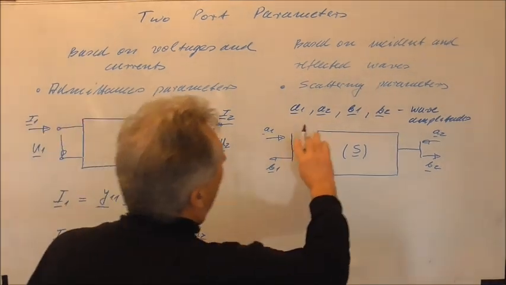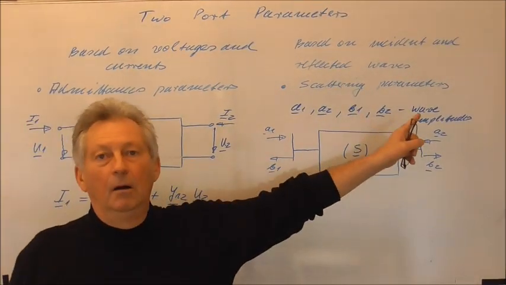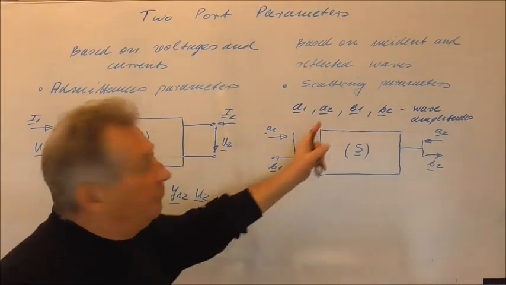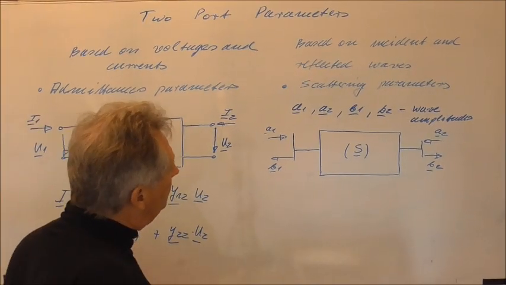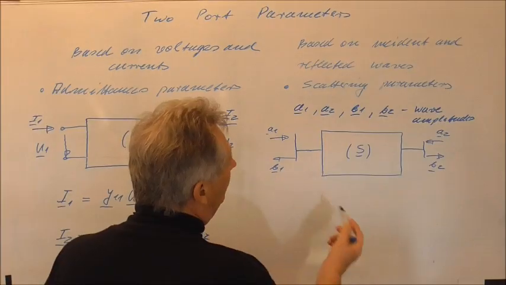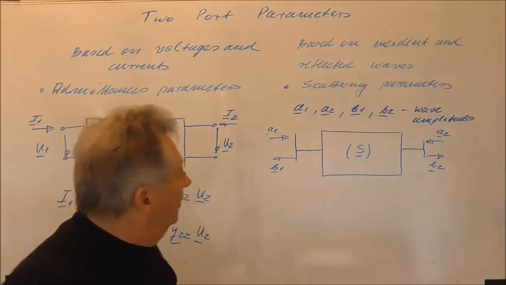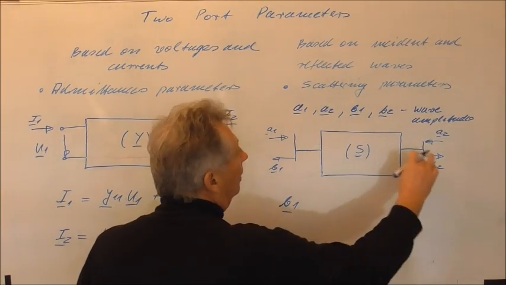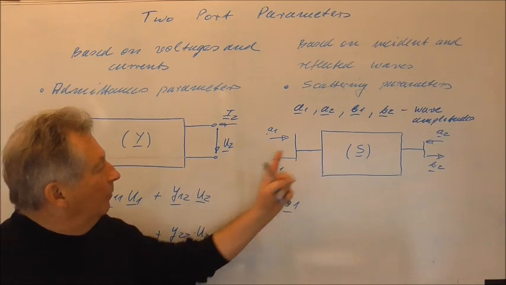So in the case of the scattering parameters, we first must in principle introduce the wave amplitudes. At the moment we don't know their properties, but if I already have defined the wave amplitudes, then the scattering parameters describe the relation between the reflected waves or the waves coming out of a port.